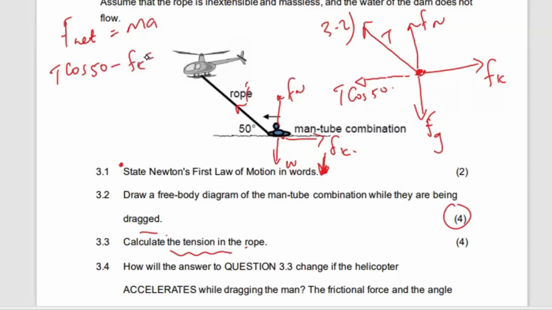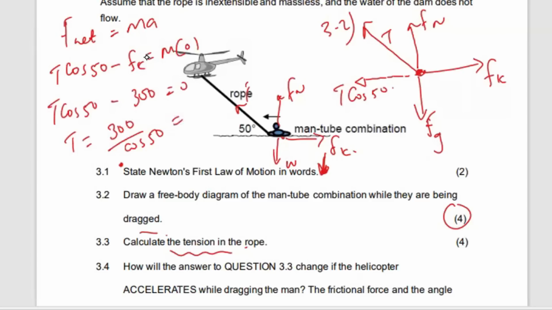We know that the acceleration is 0 since the speed is constant. So T cos 50 minus the frictional force, which was 300, must be equal to 0. Let's move the 300 that side. So tension is going to be 300 over cos 50. Punching that in the calculator, I'm getting 466.72 newtons. So that's what I'm getting.